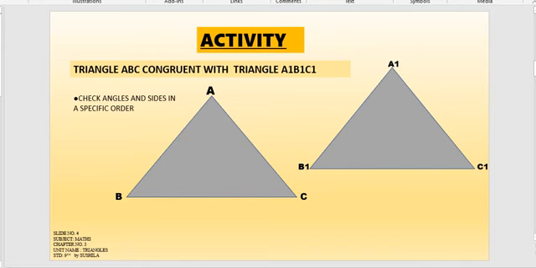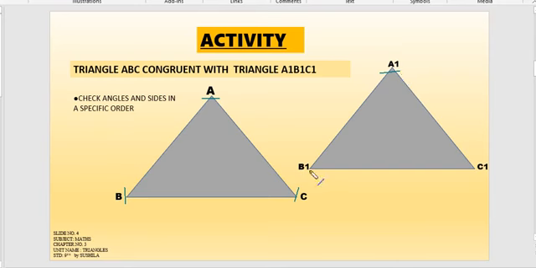Here triangle ABC is given, with one point A, one point B and one point C. One other triangle is also there.